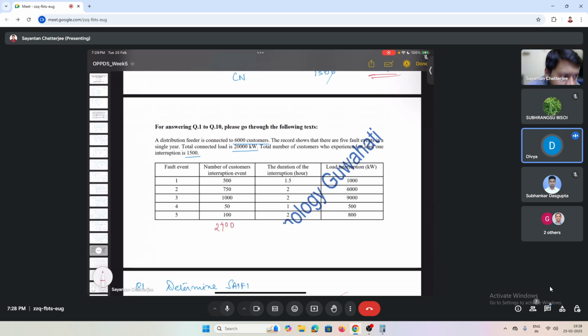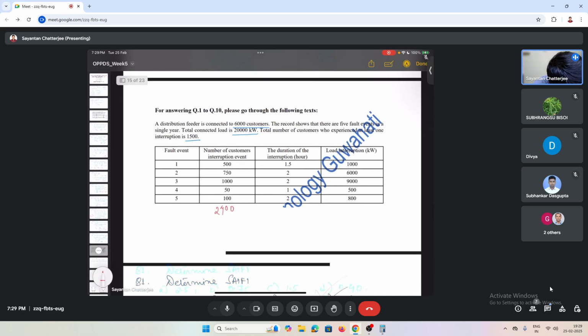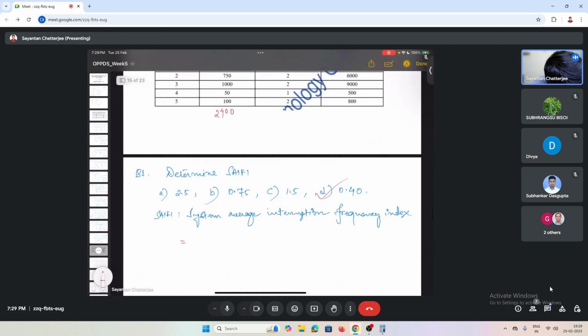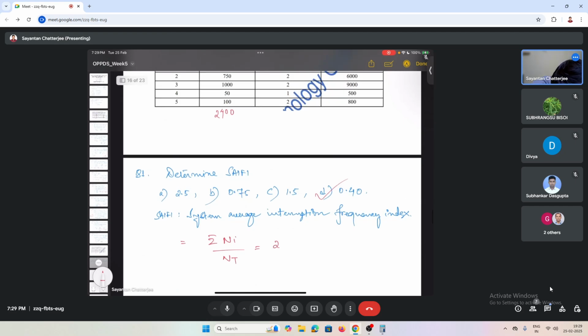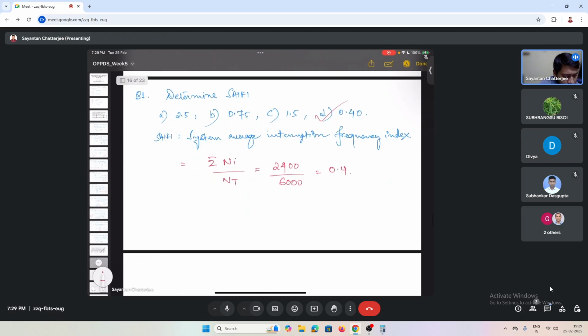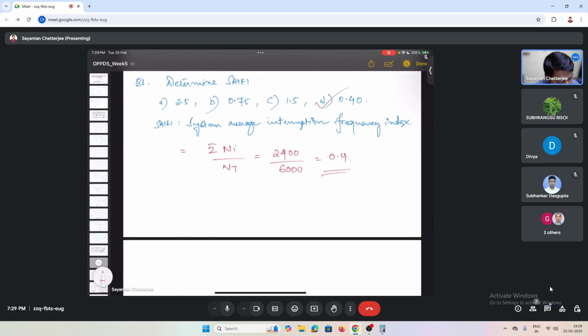Yes, so this is 2400 and the number of customers is given as 6000. So it is the summation of NI by NT. NI is 2400 and NT is 6000. So 0.4. So yes, that's the right answer.